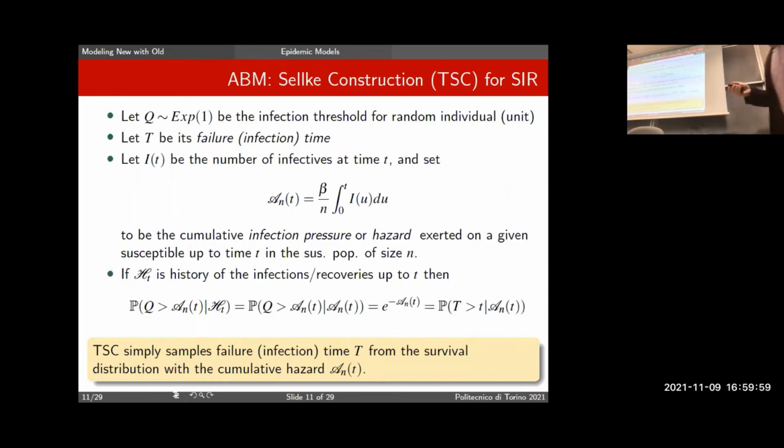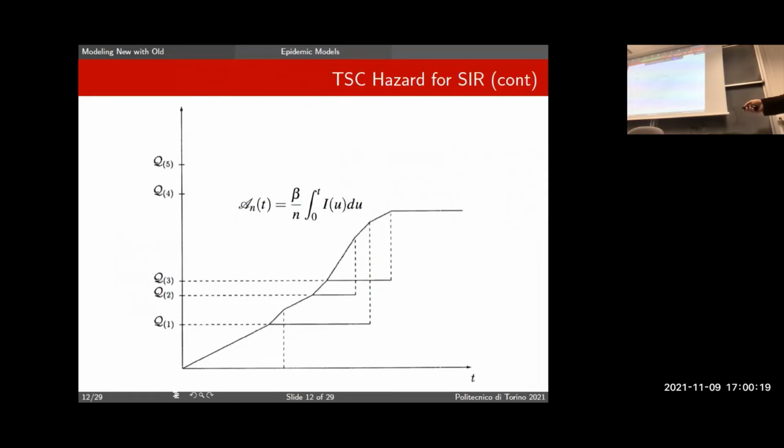So the idea here is that I have a way of producing the trajectory of an infection by simply looking at who gets infected when, and then, according to this, changing the infectious pressure. So this is a quick picture.